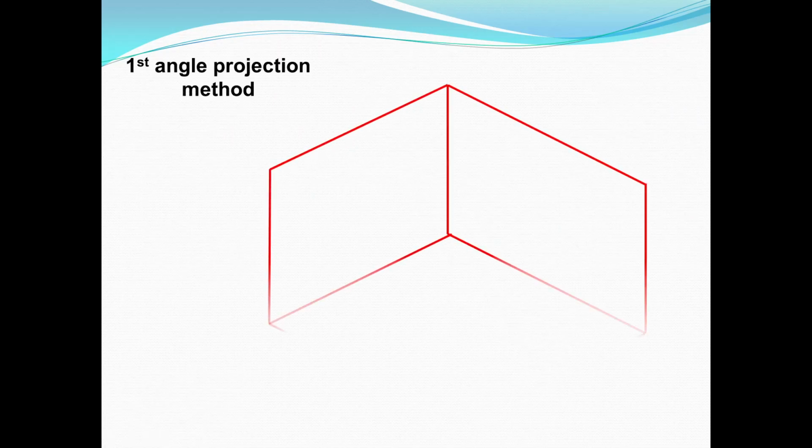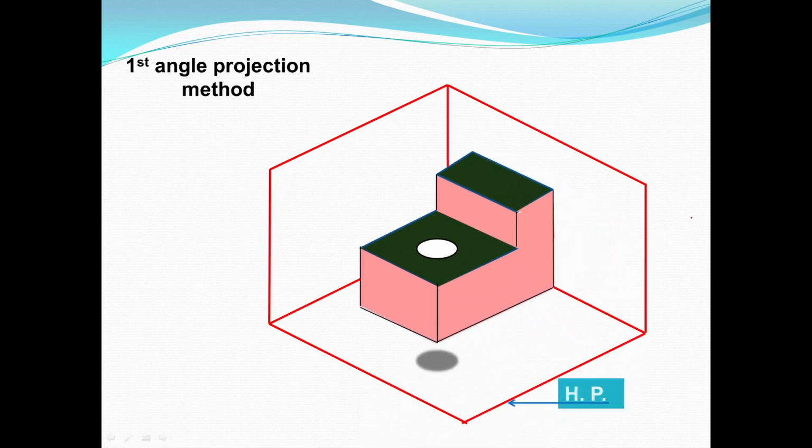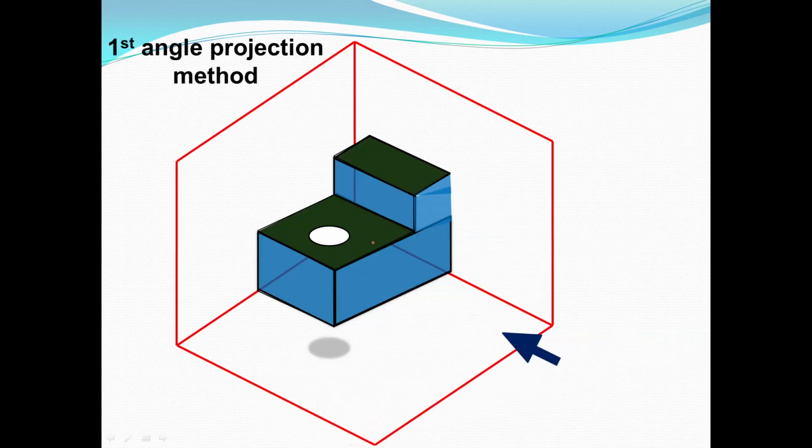So how to draw on a single plane, that is the first angle projection method: horizontal plane, vertical plane, and profile plane. This is the right side profile plane. This is the object, you can see a rectangle box, and another rectangle box on that box.